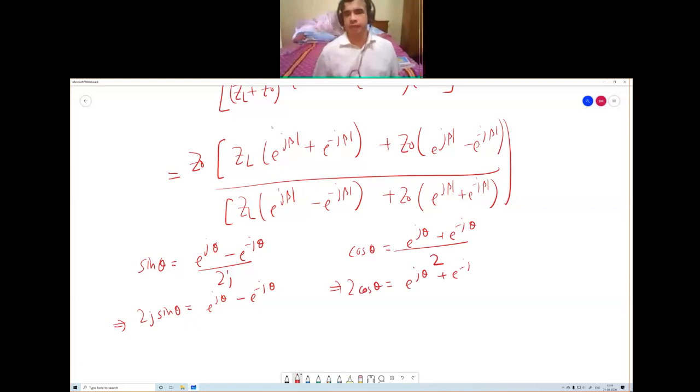This we know from our maths class, very common identities. So the e to the power of j beta L terms can be replaced by sine and cos accordingly. So let us try doing it.